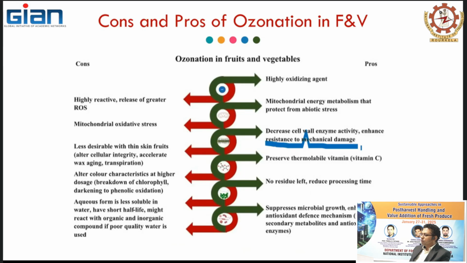The processing time is also fast, so you can do the process very quickly, and what it does here is control or stop the growth of microbes and enhance some antioxidant defense metabolisms to protect the product.